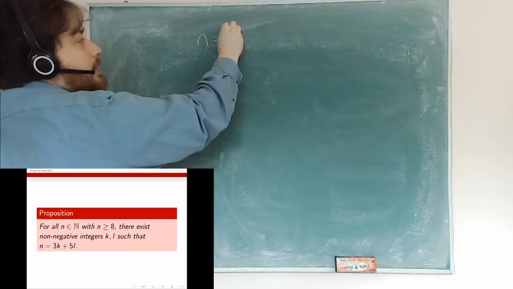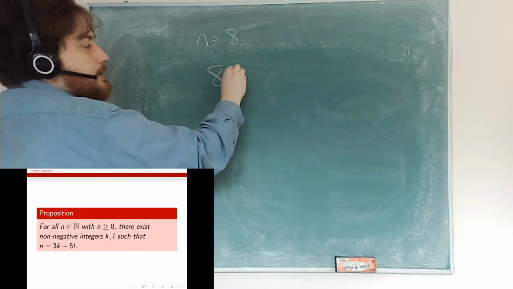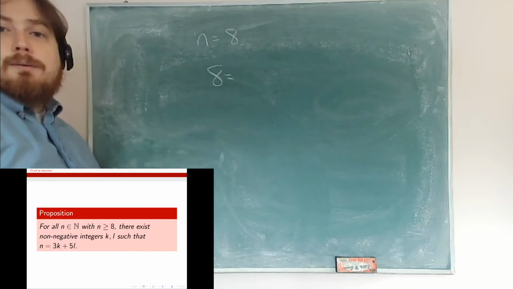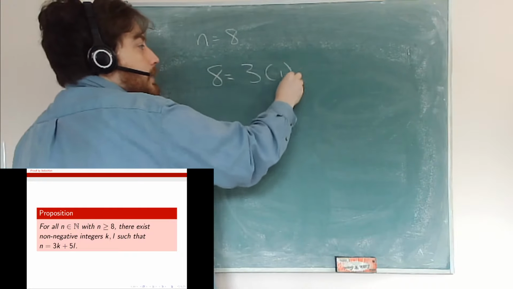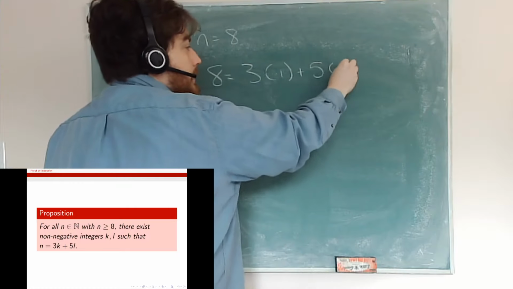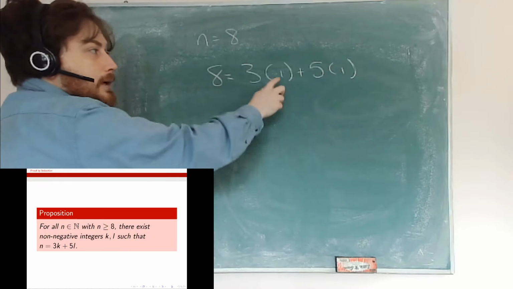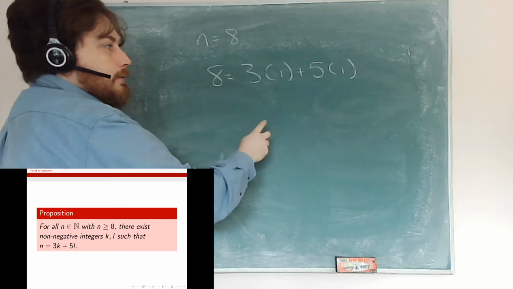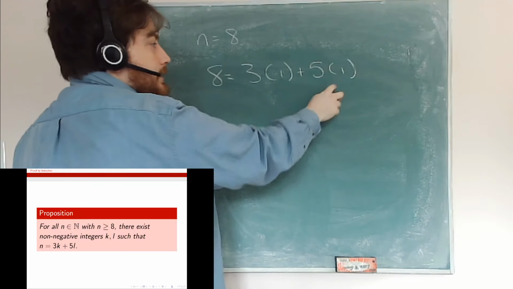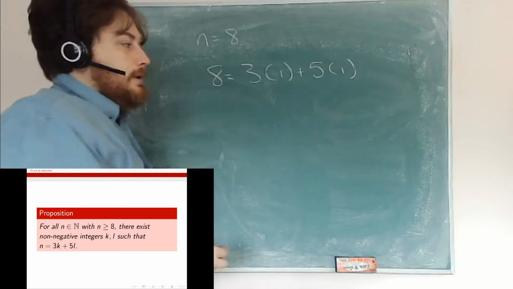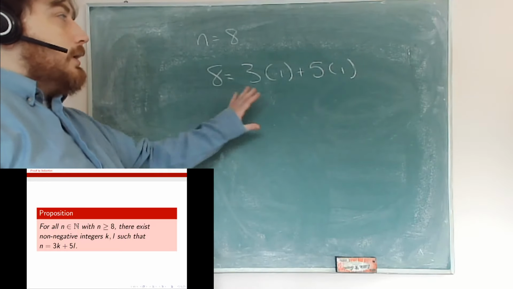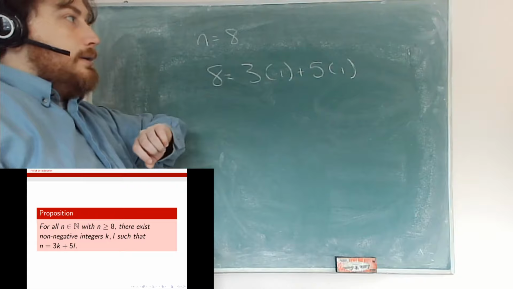If we let n equal 8, I have to find a k and l. I'm just going to say this is 3 times 1 plus 5 times 1. So I found k and I found l. Therefore, there exists a k and an l such that 8 is equal to 3 times k plus 5 times l. And so we have it for our base case of 8.